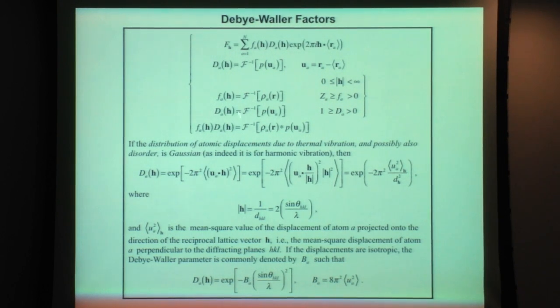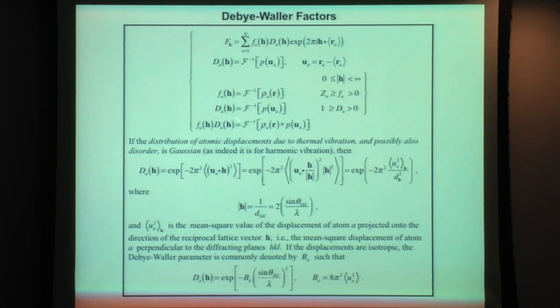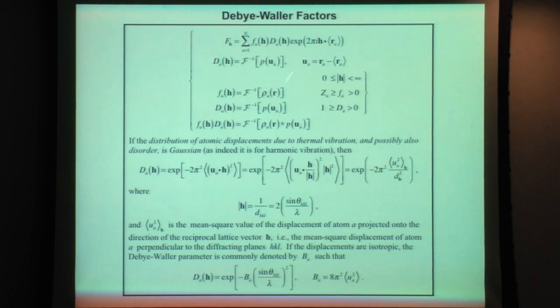The Debye-Waller factor is also a Fourier inverse of a probability density distribution. What is the distribution of? It's a distribution of these quantities U sub A, where U at any instant is the difference between the position of the atom at that instant and the mean position. So it's a displacement parameter, a thermal displacement parameter due to the thermal agitation of the atom.